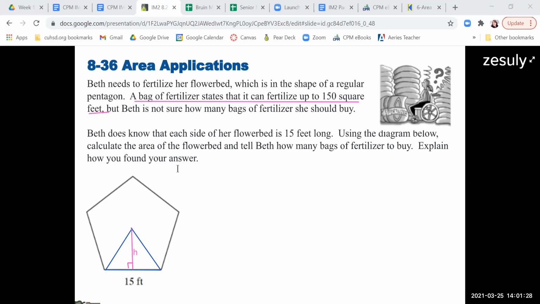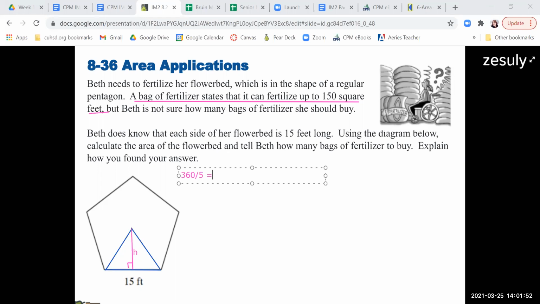So the first thing we do is find the central angle. And this will help us to then find half of the central angle, so we can focus in on half of this triangle to find h. All right, so for the central angle, we go 360 and we divide by how many angles we have, which is 5, like 5 sides.